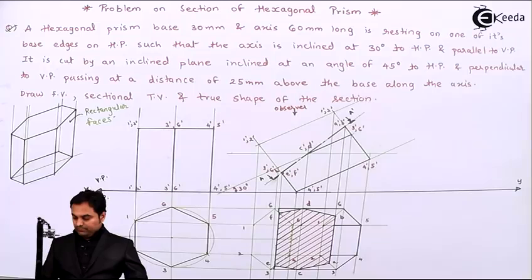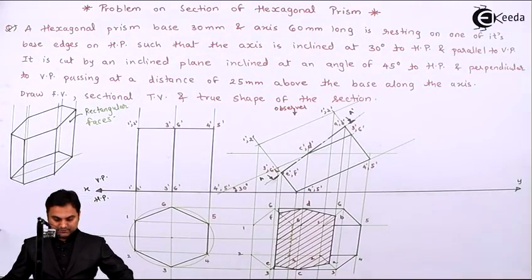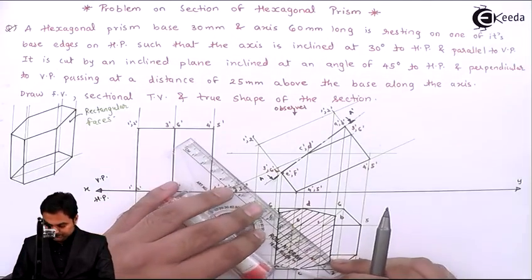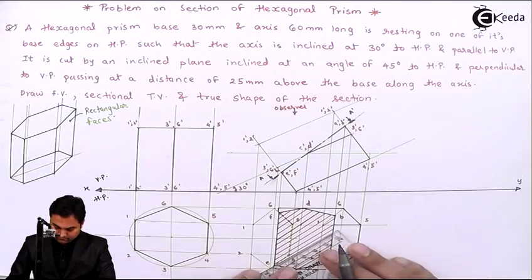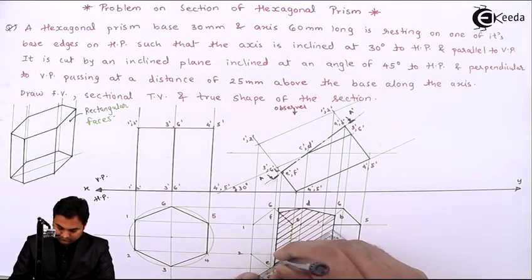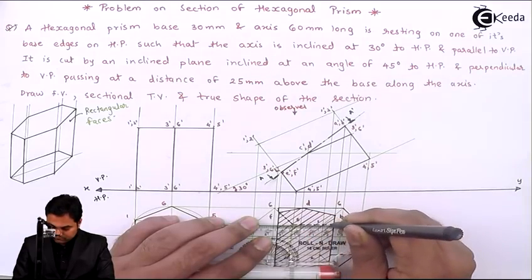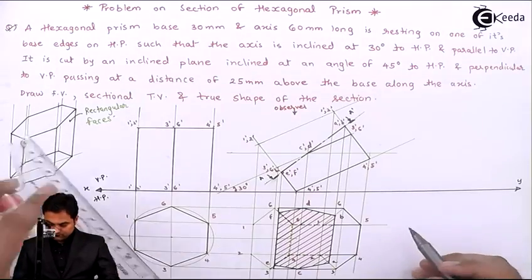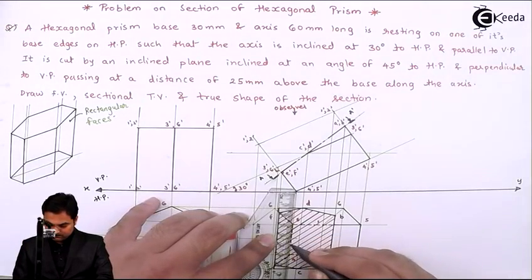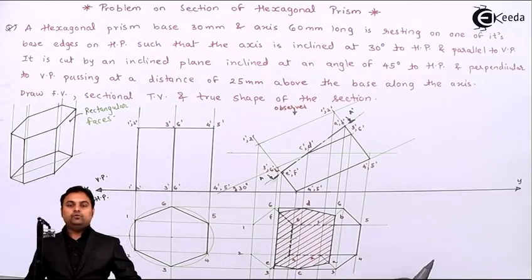Next, after completing this, here is the cut section. I'll draw the hidden line inside this. So this is the complete sectional top view.